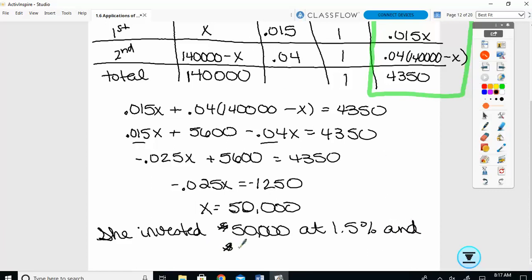And 140,000 minus 50,000, 90,000, at 4%. Are these okay?